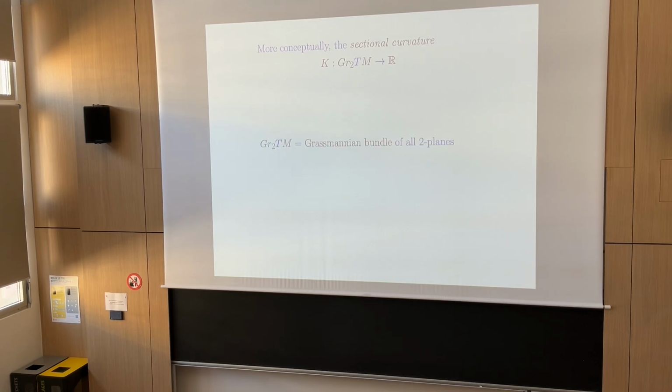So at each point you have a Grassmannian of two planes in that tangent space, and now you can assemble the union of all such things into a bundle over the manifold, and the sectional curvature is a function of that bundle, and it compares distances by the exponential map. It compares distances to the Euclidean answer.